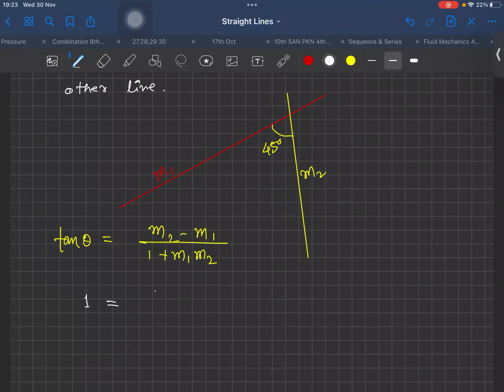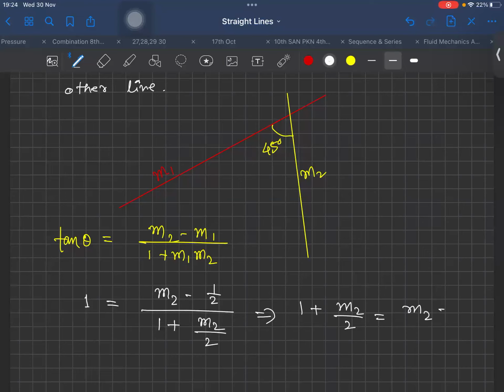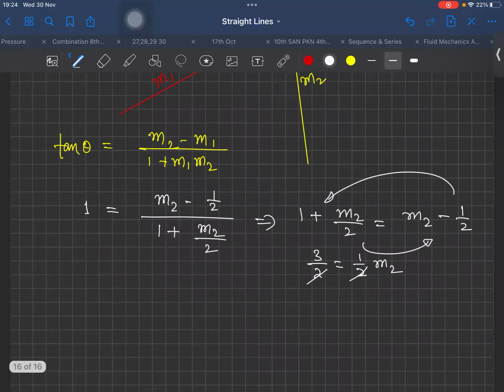One of the slopes is given as half. So we can write (M2 minus half) upon (1 plus M2 upon 2). That means 1 plus M2 by 2 is equal to M2 minus half. I'll take this half to this side and this to the other side, so this will become 3 by 2 and that will be equal to 1 by 2 M2. So M2 will be equal to 3.